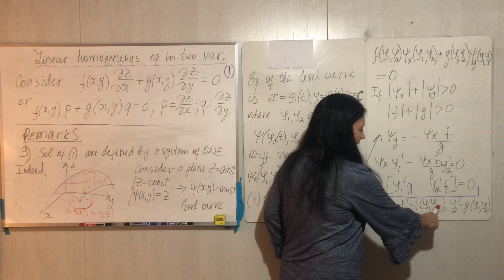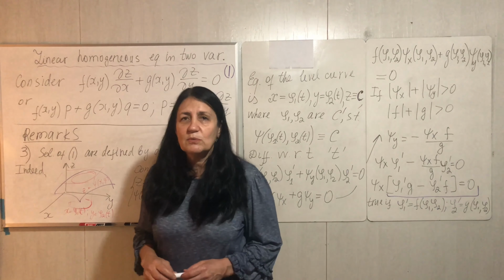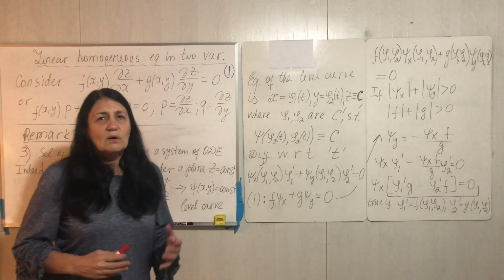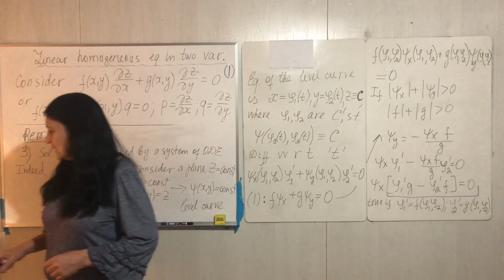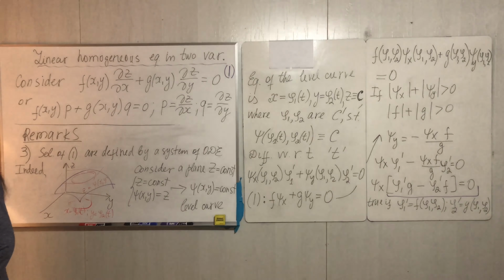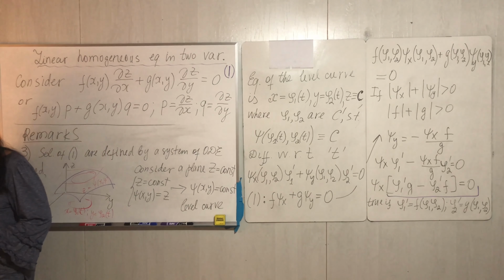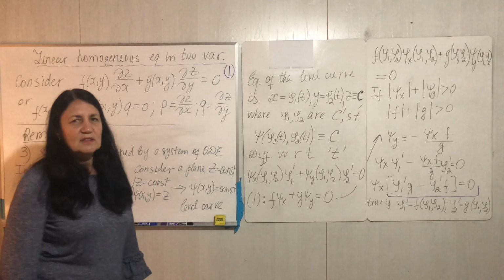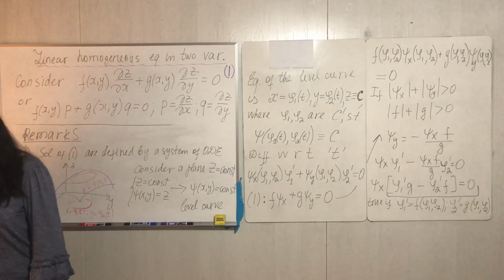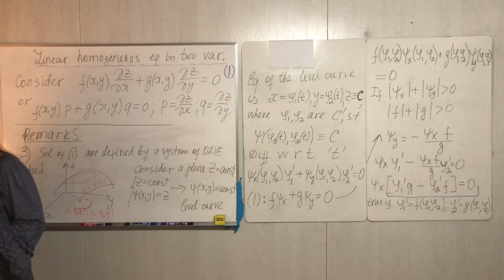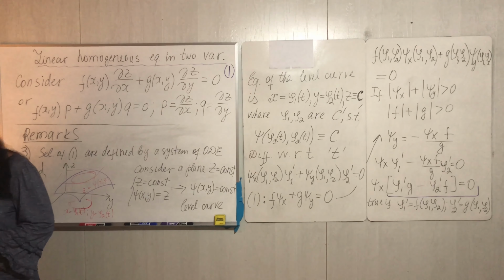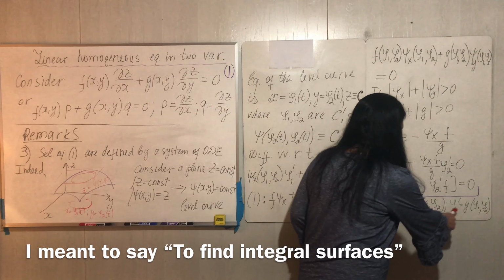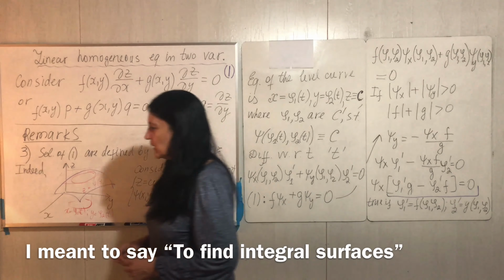They depend only on f and g. So they will be the same for all of the solutions, and that's basically the main idea: based on that we can infer that to find integral curves we have to solve these two equations.